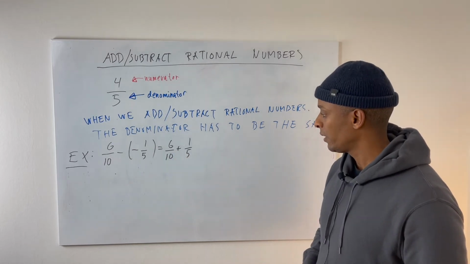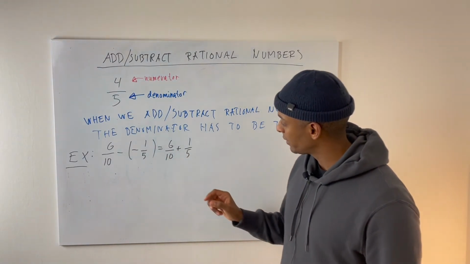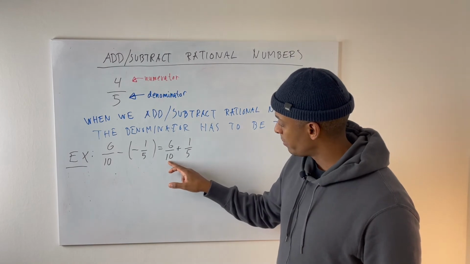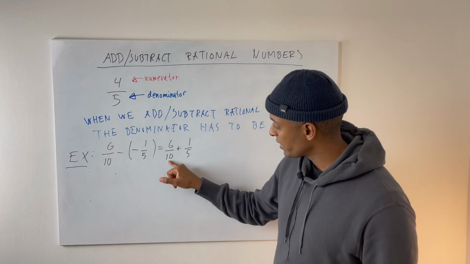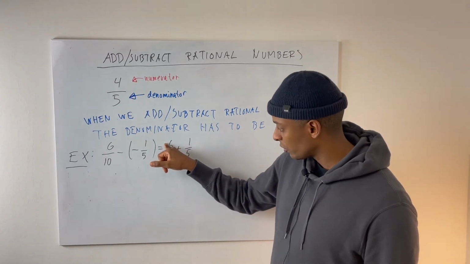Now we can see one thing: 10 divided by 2 is 5 and 6 divided by 2 is 3. So if we divide this by 2, then we have to divide this also by 2.